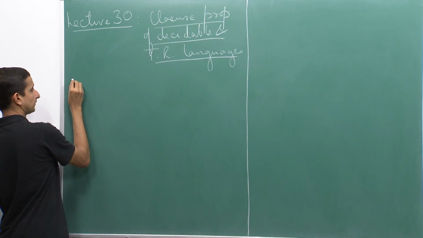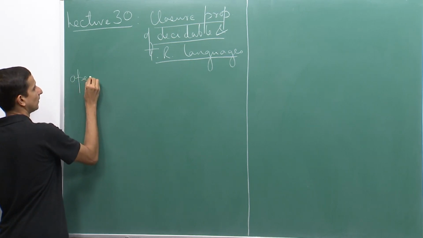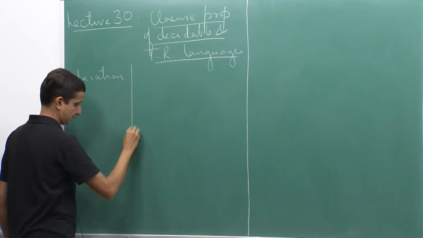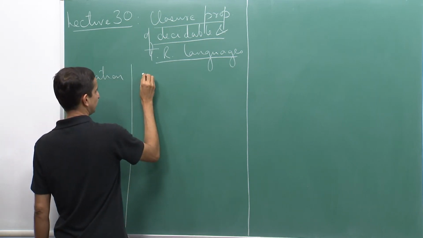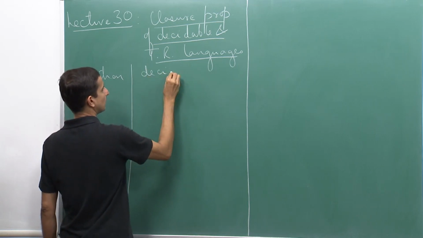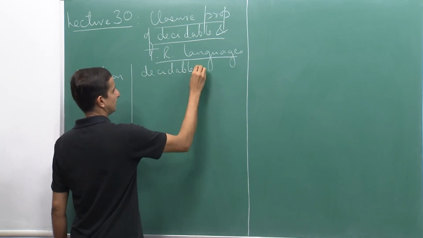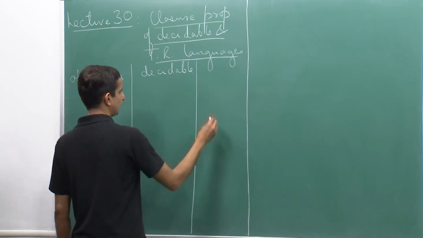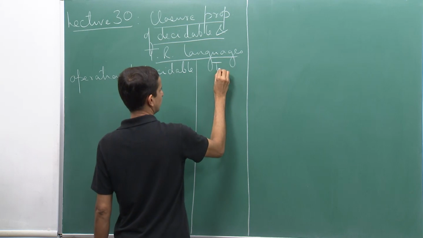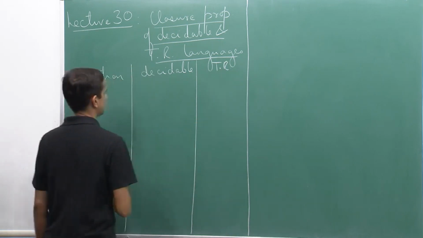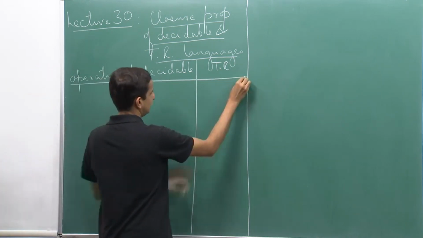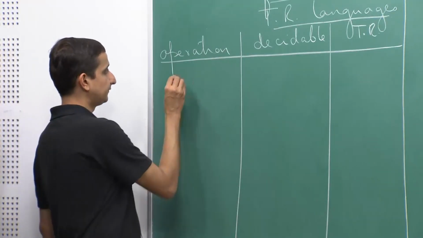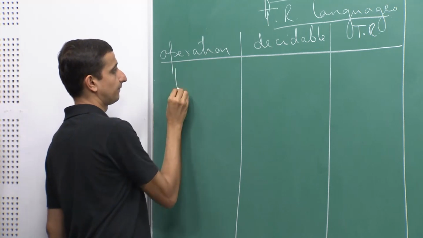We have operation, then decidable languages, and let us say Turing recognizable languages. TR stands for Turing recognizable. The first operation that we will see is union.